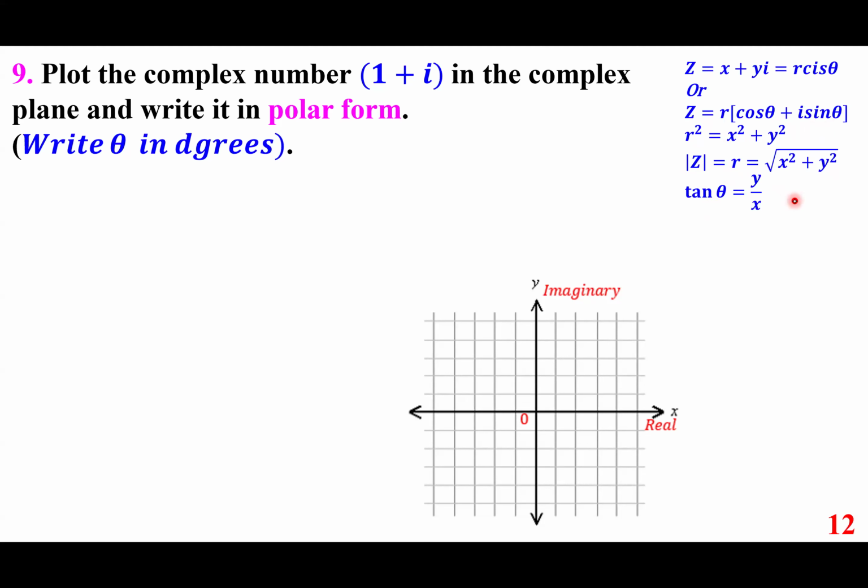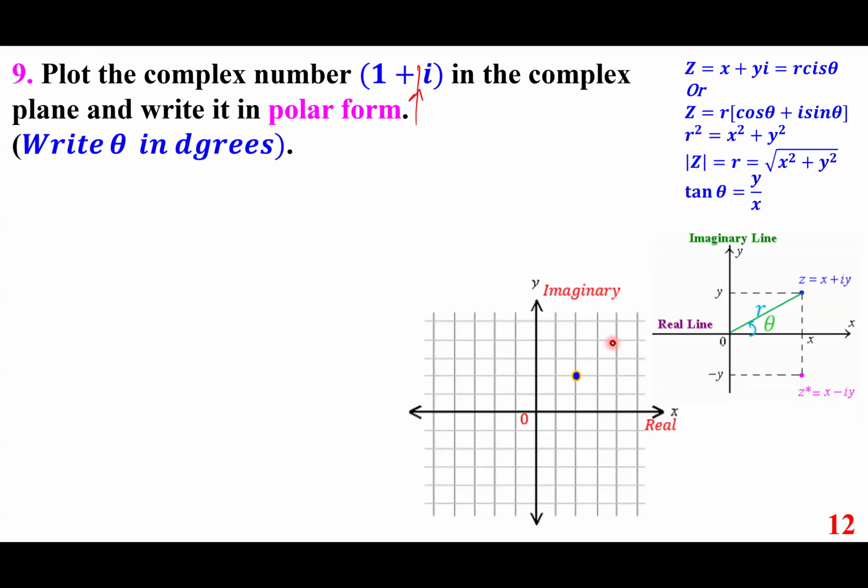So for this guy, 1 plus i, it is important to understand that the coefficient of i is 1. So you go, this is the real part, 1 along the real part and 1 along the imaginary part. And I'm going to use again 2 tick marks because it's too small, otherwise you would have 2 plus 2i.